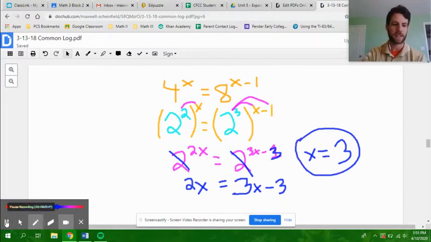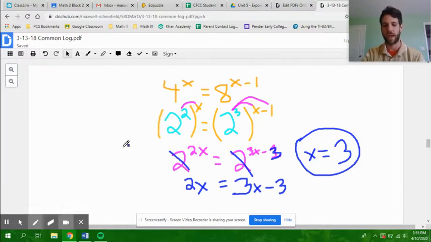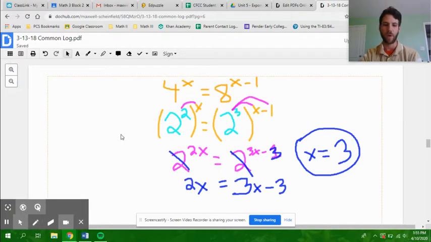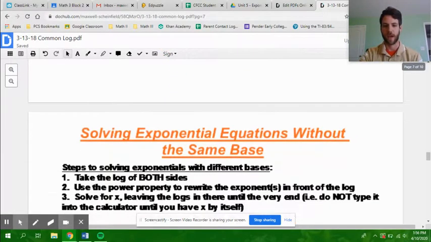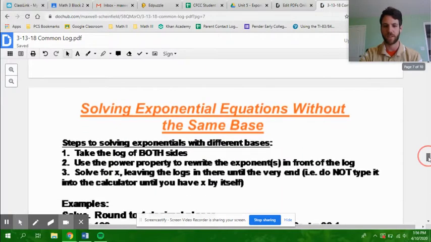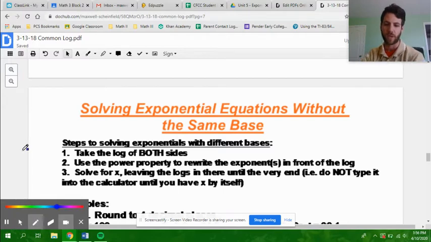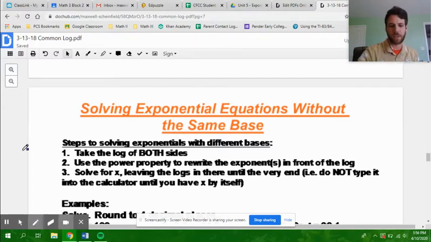In our next examples, we will be looking at problems that are exponential equations without common bases. So we can scroll down and look at our steps first. We're going to look at equations where we're going to use a common logarithm.